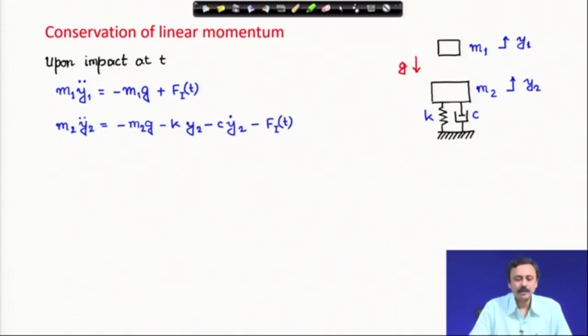These are all forces on the right hand side for this mass. This is Newton's second law, straightforward, and by Newton's third law you have a minus Fi acting on mass point 2. In writing this, I have used Newton's third law.